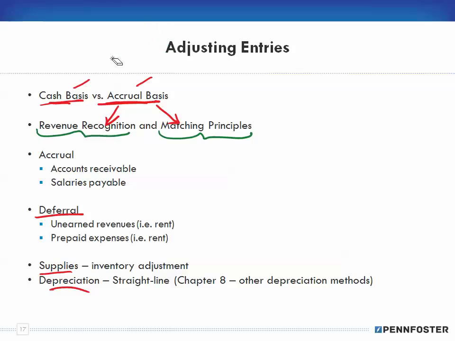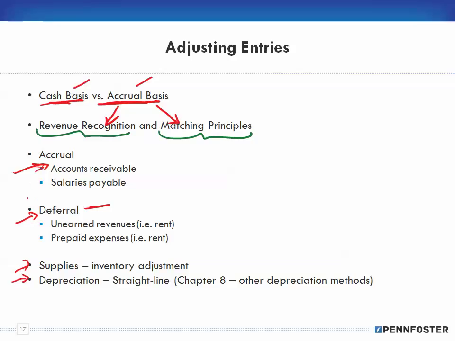Now, if you're reading in the textbook, the next set of adjusting entries, they're calling them deferral. And the thought just popped into my head here. They're only really showing specifically like 4 different kinds of journal entries.